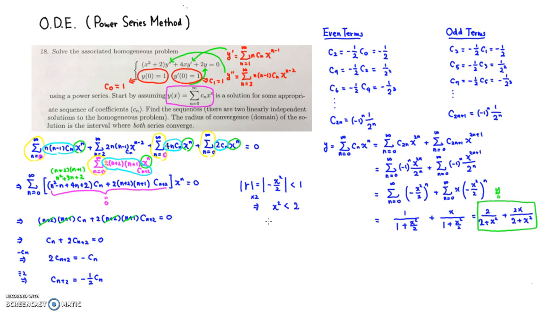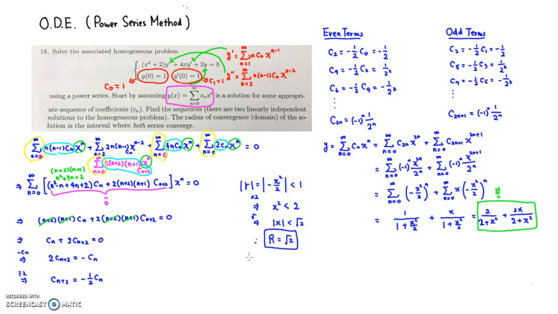If you take the square root of both sides, the absolute value of x is less than square root of 2. Therefore, the radius of convergence is square root of 2, and this is the same radius of convergence for both of them.